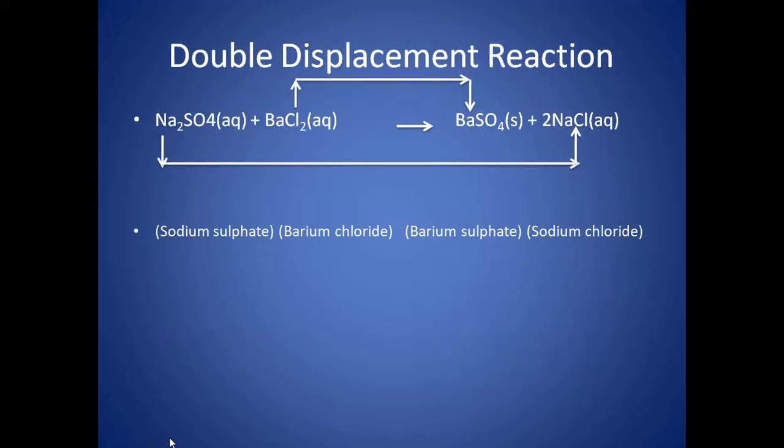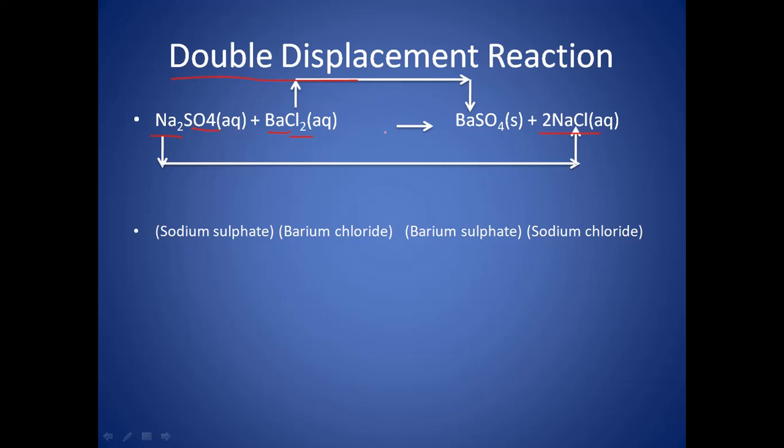Double displacement reaction. Now, some people are not interested. If they say you are going to replace me, I will replace you. Same thing happens here. Double displacement. Thus the sodium guy has gone with the chlorine guy. So this barium guy says, if you go with the chlorine, I will go with the SO4.